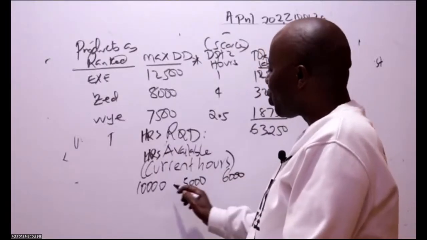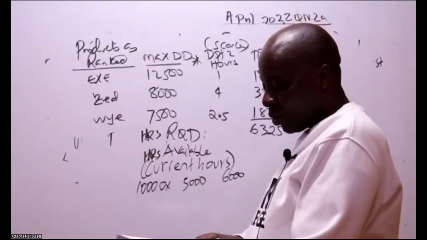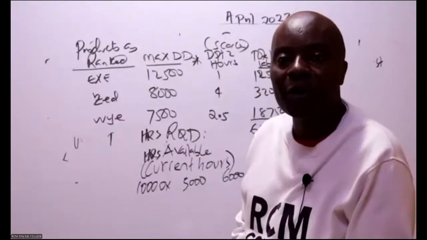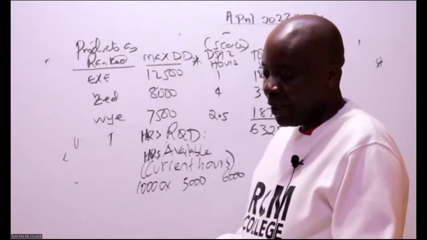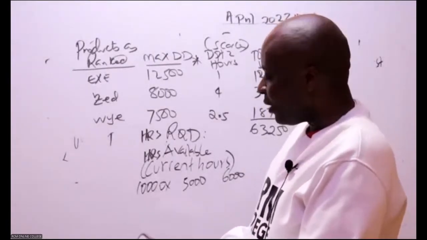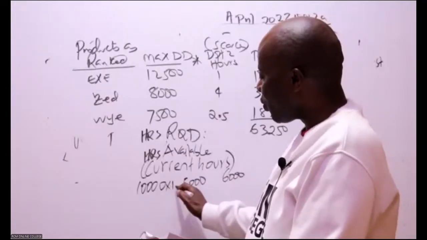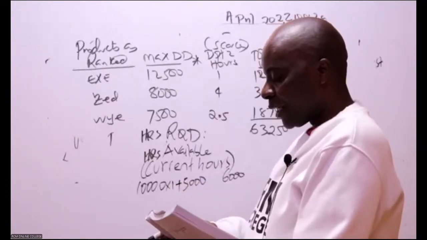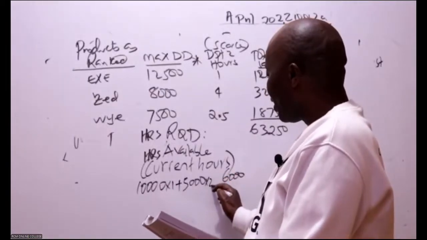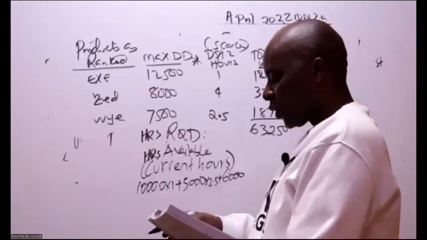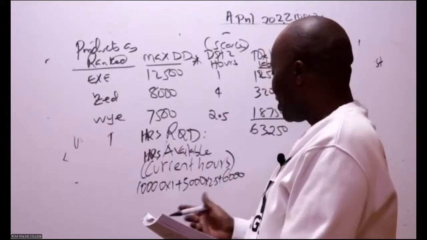So what you need to do is multiply these with the Department 2 labor hours, the ones which are scarce. I'm not concerned with Department 1 and Department 3. So Department 2 labor hours available is 10,000 times 1 plus 5,000 times 2.5 for Y, plus 6,000 times 4.